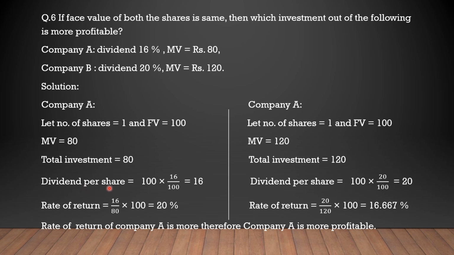So dividend per share is equal to face value 100 into rate of dividend. So face value is 100 and rate of dividend is 16%. So 100 into 16 by 100 is equal to 16. So dividend per share is equal to 16.